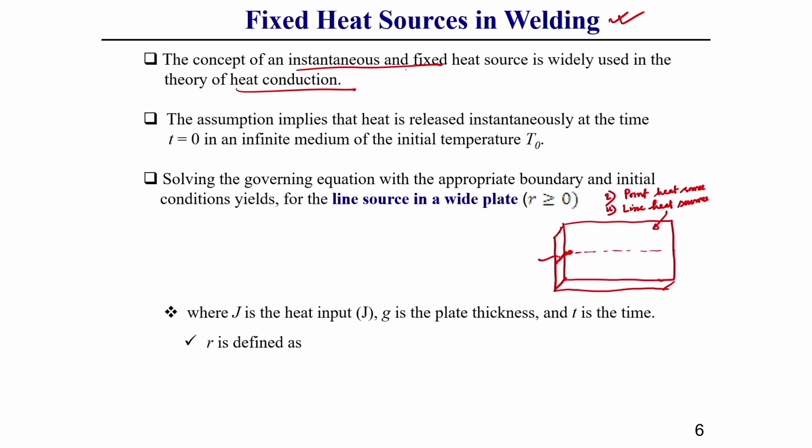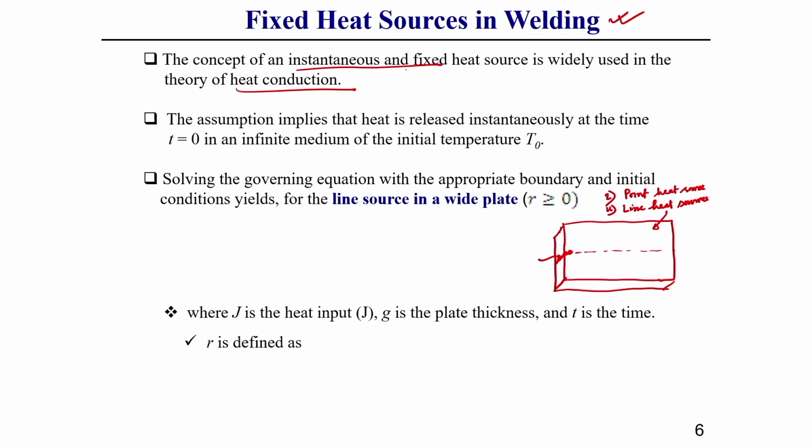That means through the thickness we consider a constant heat, so there is no temperature gradient. There are two different types of heat source we will show in the analytical solution. First the fixed point heat source, after that I will discuss the fixed line heat source.